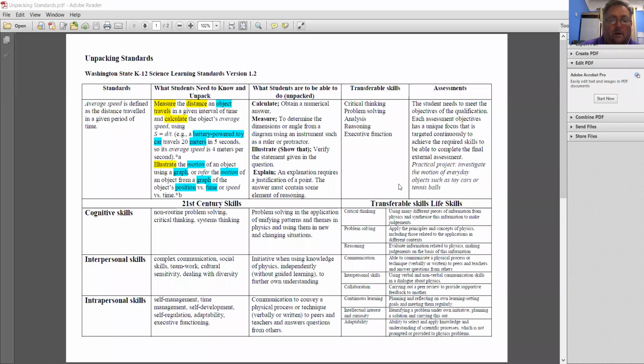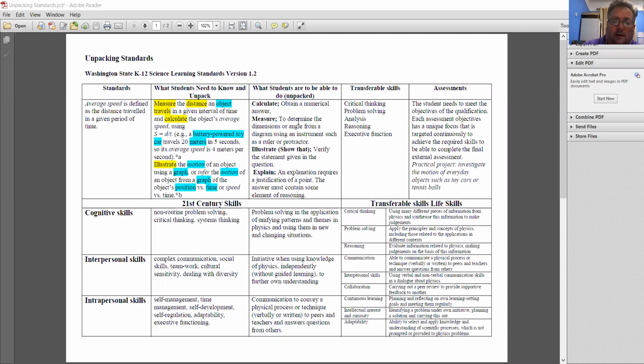So let me just share this file page. Okay, so as we can see, I've highlighted it in yellow and blue. Pearson's edXL does exactly the same thing when they unpack the standard.